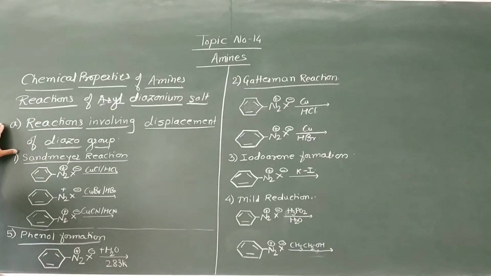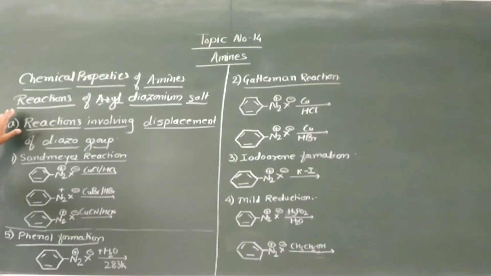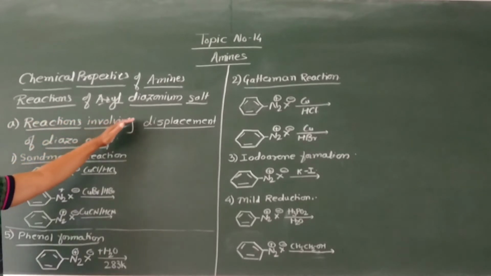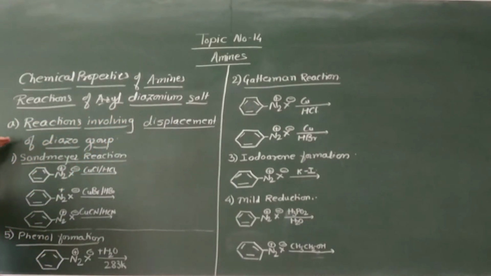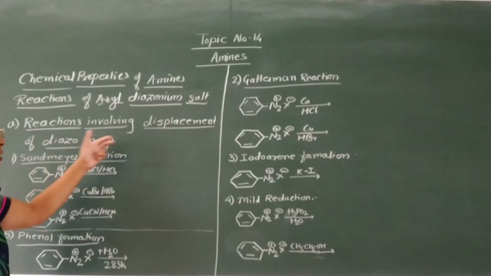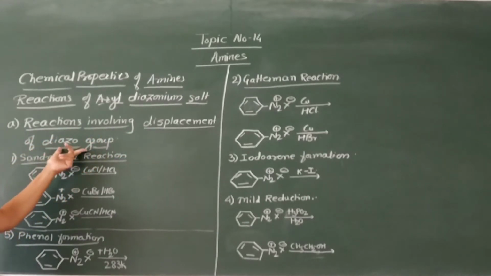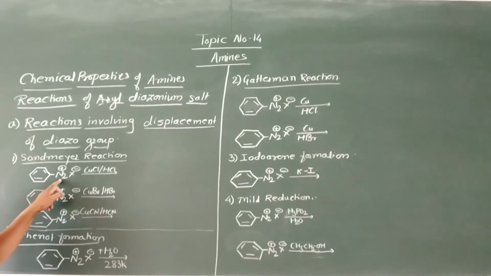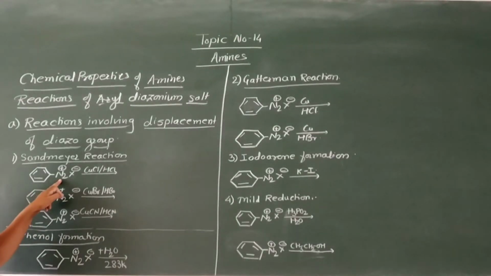Now we are going to see the reactions of this aryl diazonium salt, in which first we are going to see reactions involving displacement of diazo group. This diazo group, that is N2 plus group, is a good leaving group and can be replaced by another nucleophile, and therefore a variety of products are formed.